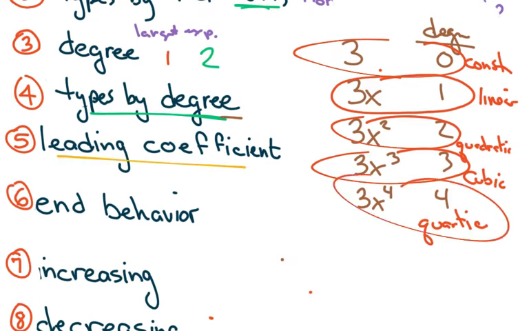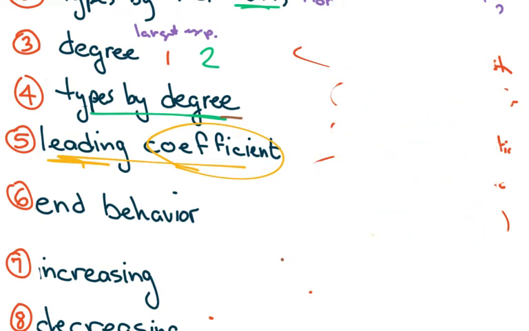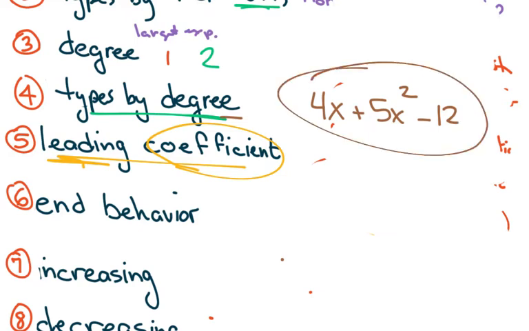Coefficient means the number in front of any x, so what do we think the leading one would be? Biggest is not correct. Let me write one down, and then we'll see if we can guess what it is. If I gave you 4x plus 5x squared minus 12.